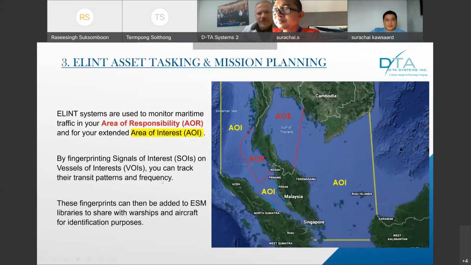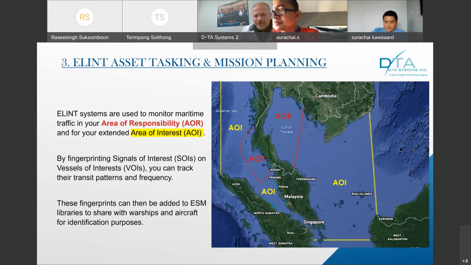So ELINT systems are used to monitor maritime traffic in your area of responsibility, AOR, and for your extended area of interest, or your AOI. By fingerprinting signals of interest, or SOIs, on a vessel of interest, VOI, you can track their transit patterns and their frequency.